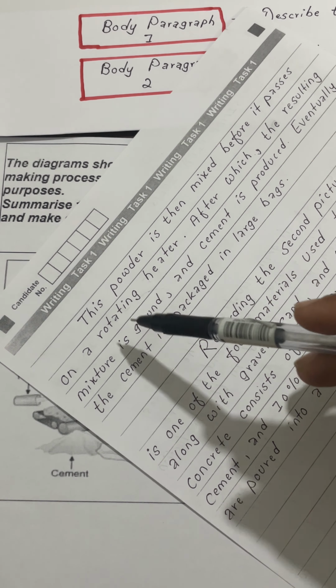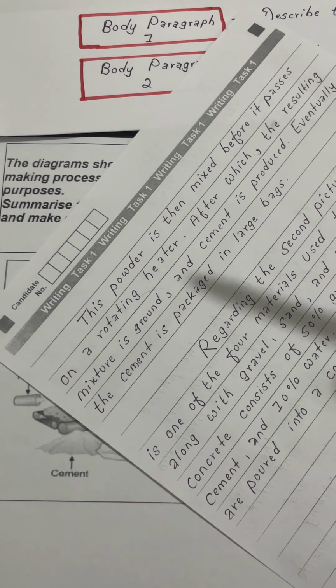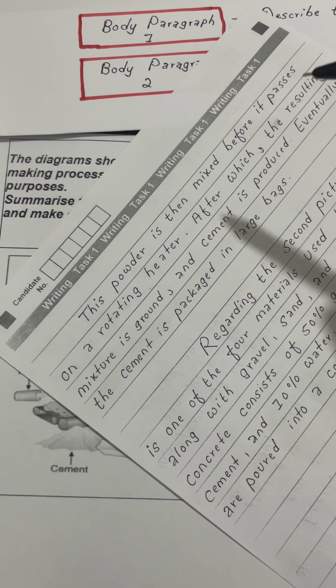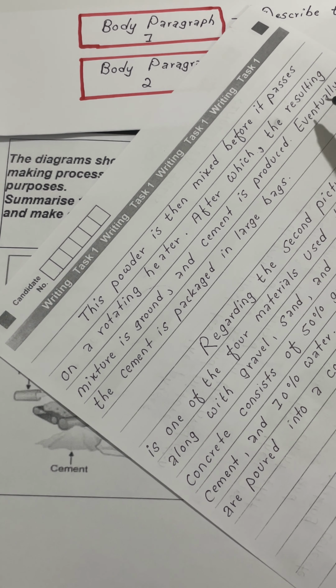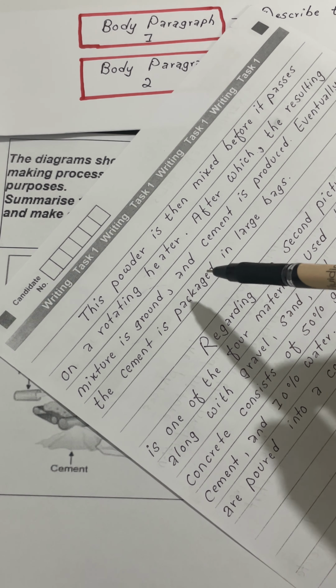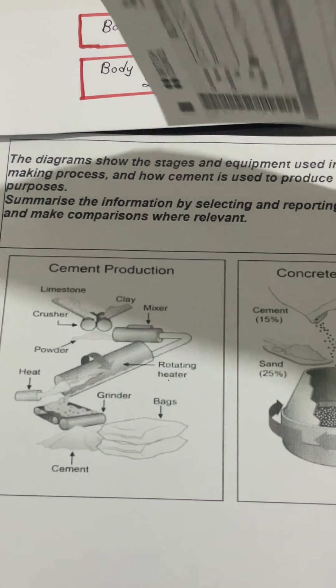Ground is the past participle of grind, and cement is produced. And also be careful with grammar. Here you have to use present passive tense. You should not be using past and future tense. Eventually, the cement is packaged in large bags.